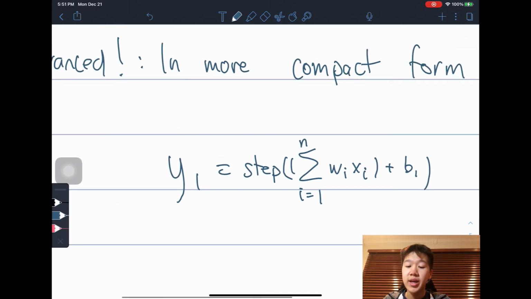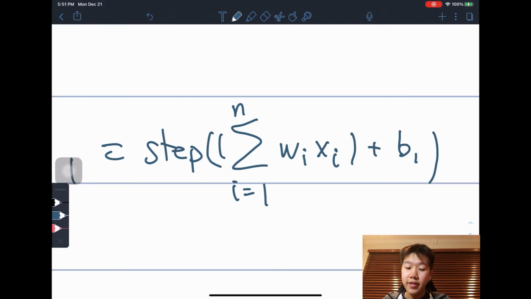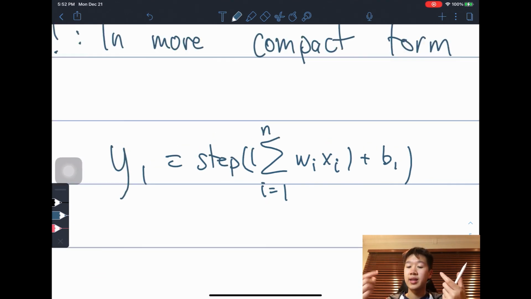So y1 is equal to step of sigma, i equal to 1 to n, of wi xi, and then I add b1. What this means is that I take all elements from 1 to n, where n is the number of inputs I have, and I take their weights at that index times the input at that index.